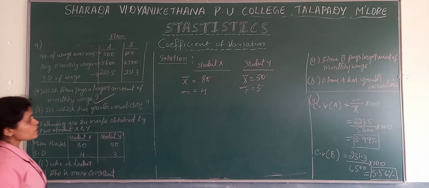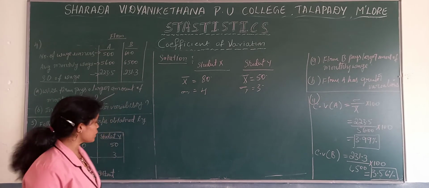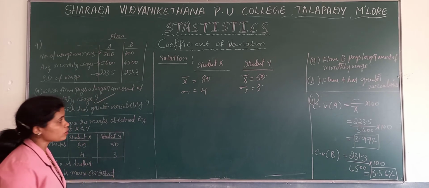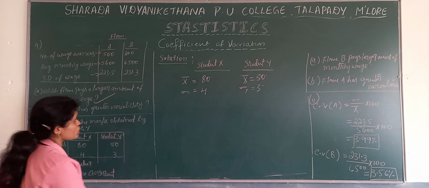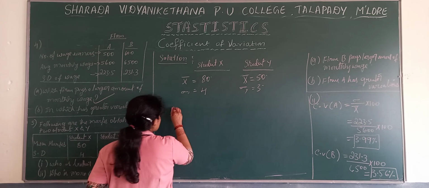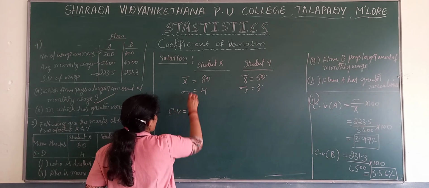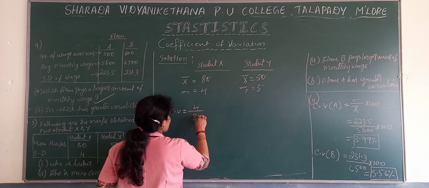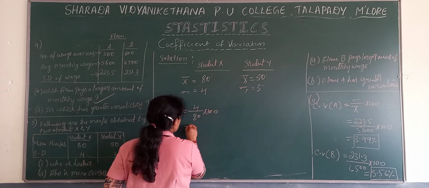The first question we can answer right now, because no need to calculate anything. By seeing your averages we can conclude. But for the second question we need to calculate the coefficient of variation. So we write CV of student x, that is standard deviation by mean into 100.